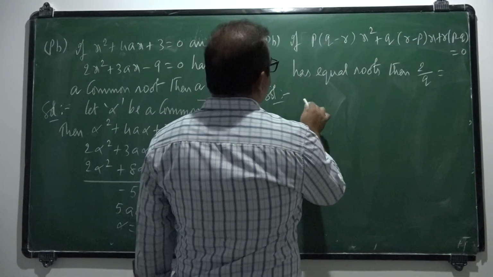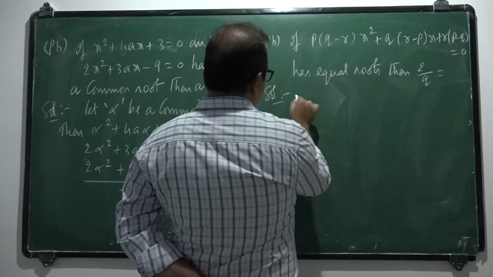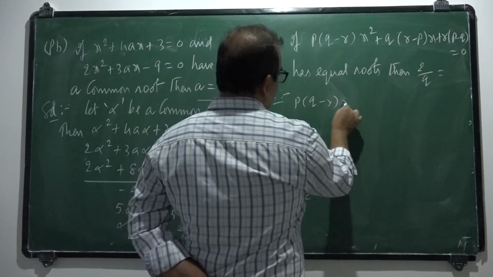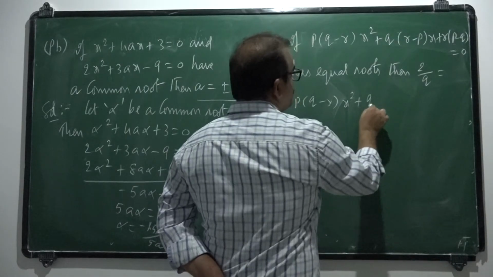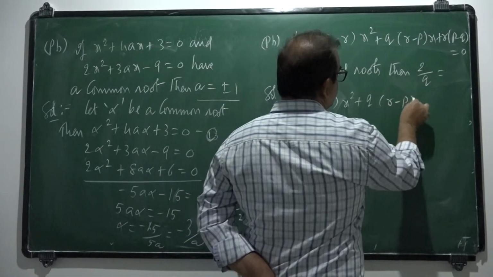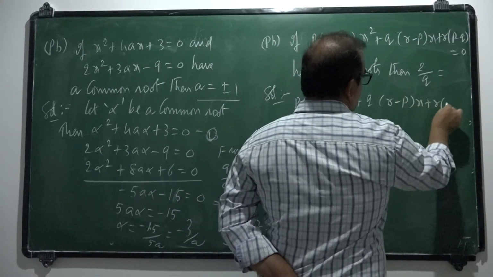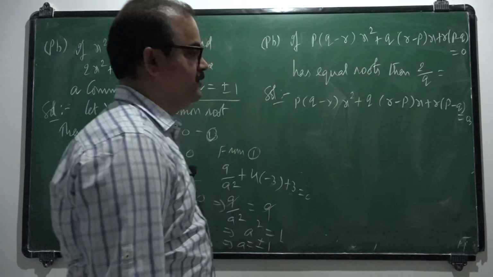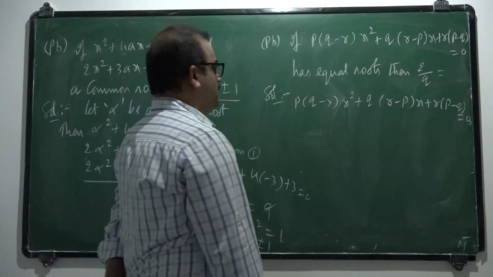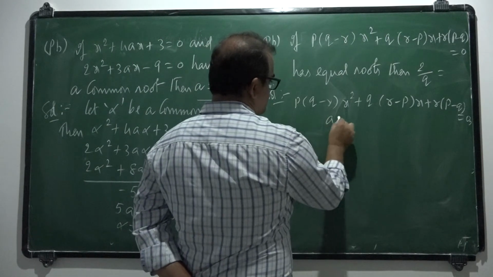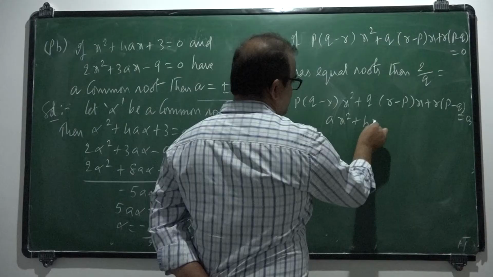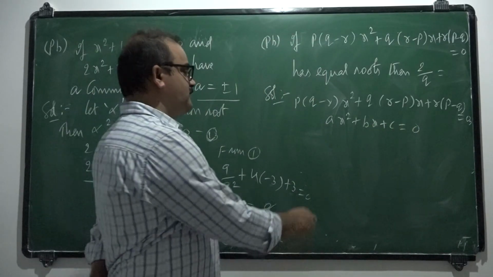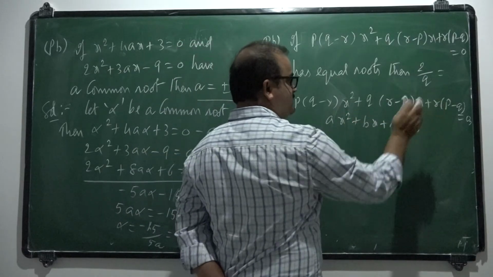See here, what is the given equation? P into Q minus R into x square plus Q into R minus P into x plus R into P minus Q is equal to 0. It is in the form of ax square plus bx plus c is equal to 0. Here observe that sum of the coefficients is 0.